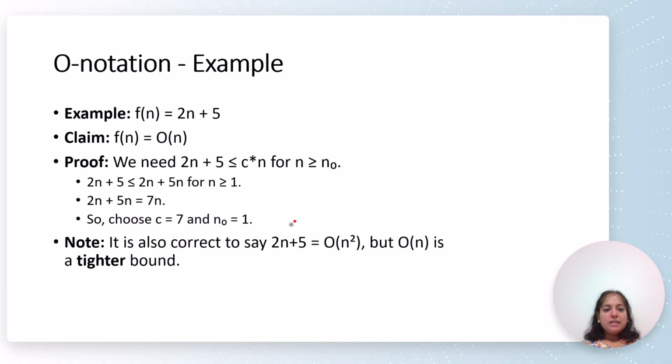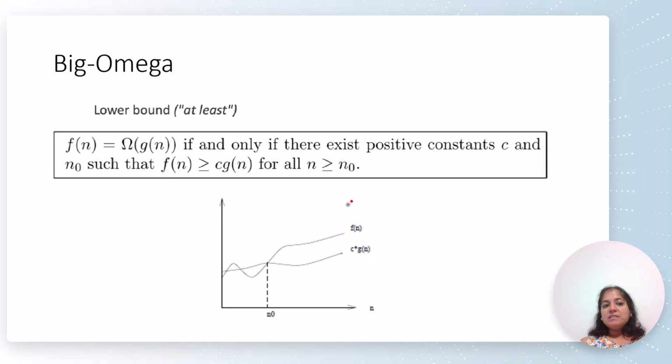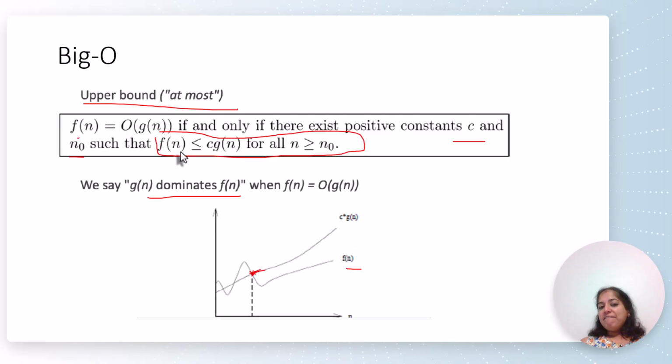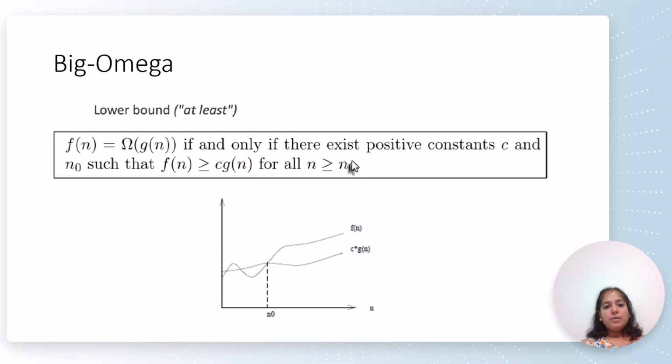Let me show you the first example of big O, then we'll move on to big theta. Let us say that we have a function f(n) equals 2n plus 5. It's a linear function. And we claim that f(n) equals big O of g(n). That means n dominates 2n plus 5. For certain values, n is an upper bound for 2n plus 5. As per the definition, f(n) is less than or equal to c times g(n) for all n greater than or equal to n naught, right?